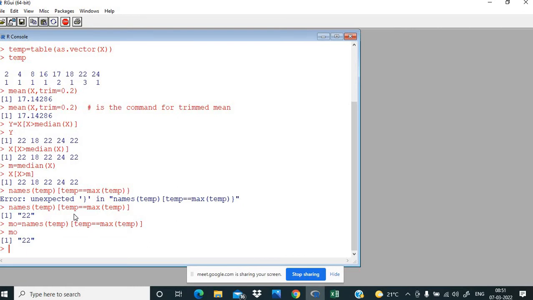For three numbers, it is cubic root of x1 into x2 into x3. So if there are n numbers, then x1 into x2 into dot dot dot xn, then the whole thing to the power 1 by n. So that is my geometric mean.